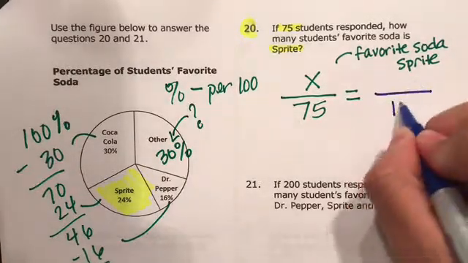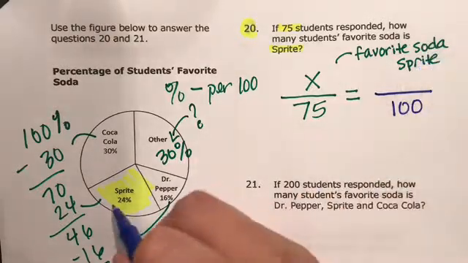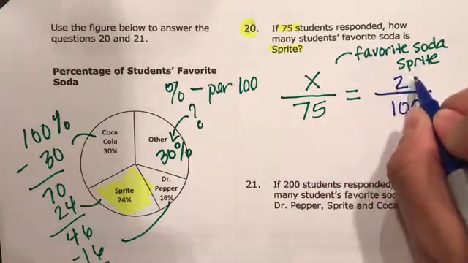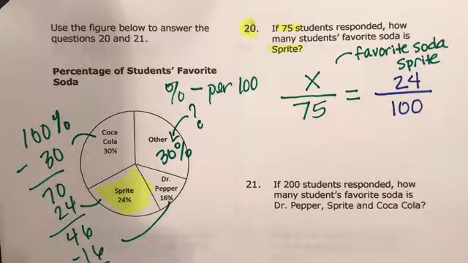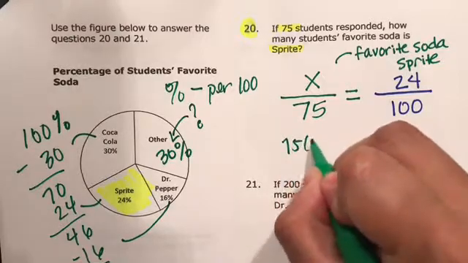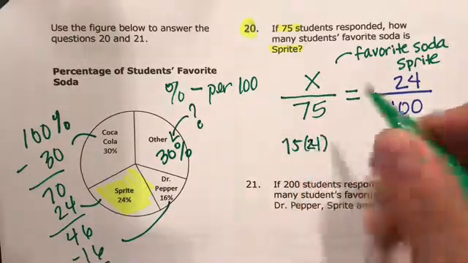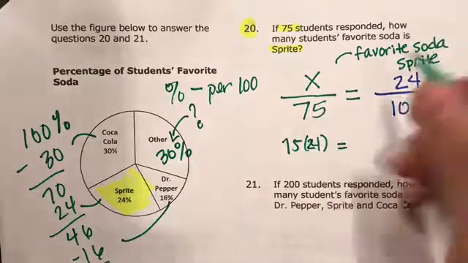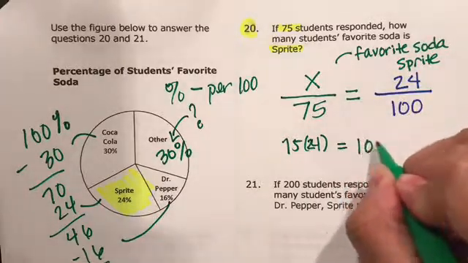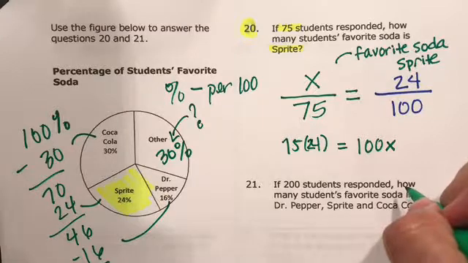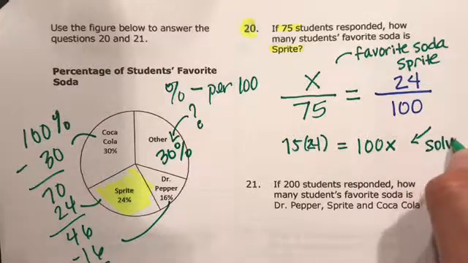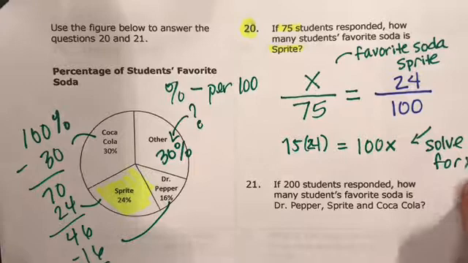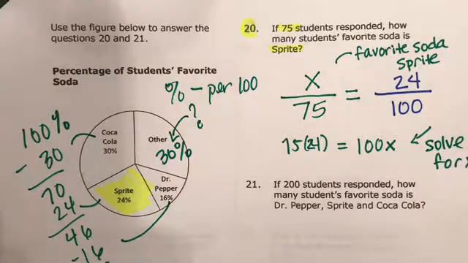Out of 100, we know that Sprite was 24. So per 100, we can make it 24. So 75 times 24. So 100 times x, we're going to cross multiply, or that's what we're doing right here. And then right here, you're going to solve for x. And we're just setting this up for you, and I'll let y'all solve on your own.